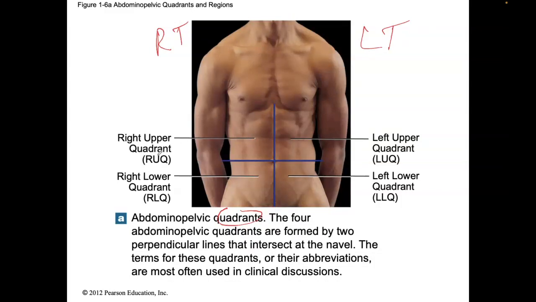So there is a right upper quadrant, a right lower quadrant, a left upper quadrant, and a left lower quadrant. And why is this important?